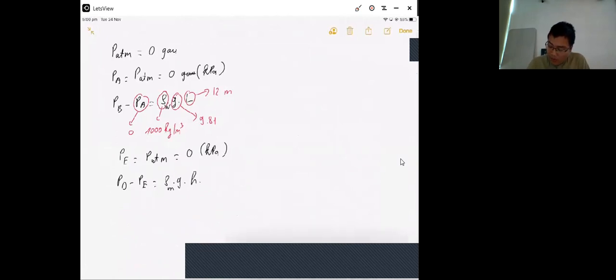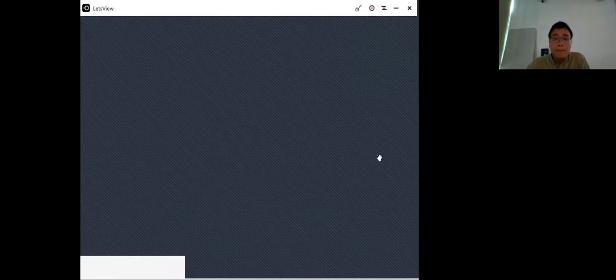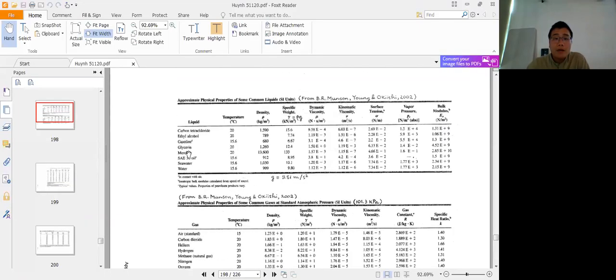The density of mercury we have from the table: mercury density is 13,600 kilogram per meter cubed. So be careful, if you use the density of water in this case, it's wrong. Between D and E we have mercury.